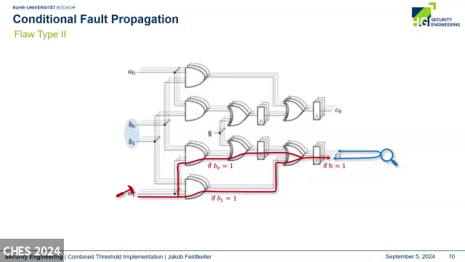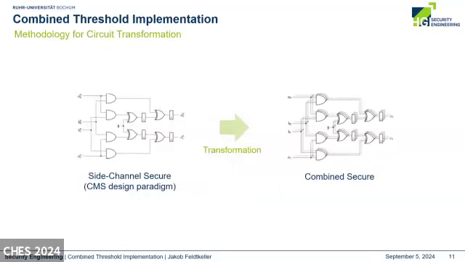Now, in this paper, we want to provide a method to construct combined secure circuits. And we do this by starting with a circuit secure against side channel analysis, constructed through a quite general design paradigm that I will outline in a second.